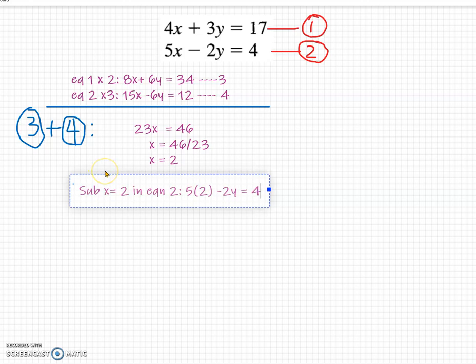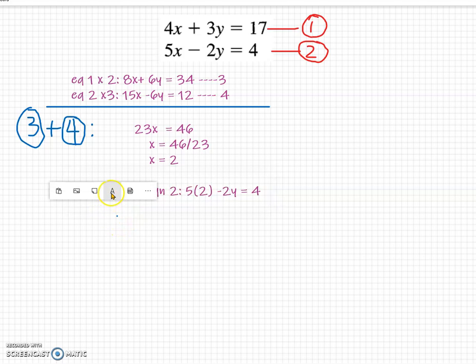Alright, so 5 times 2 is 10. 10 minus 2y equals 4.